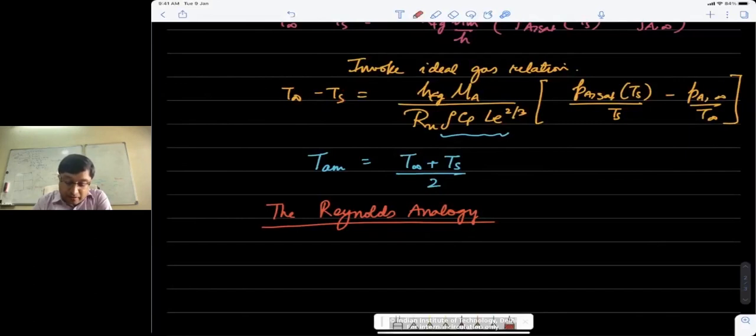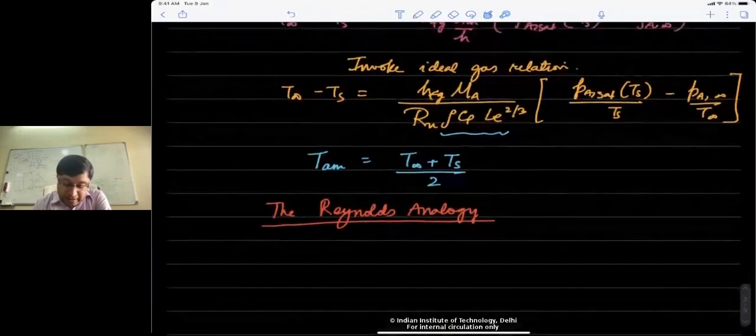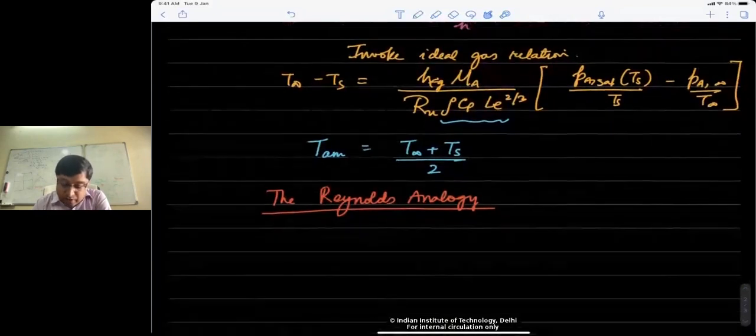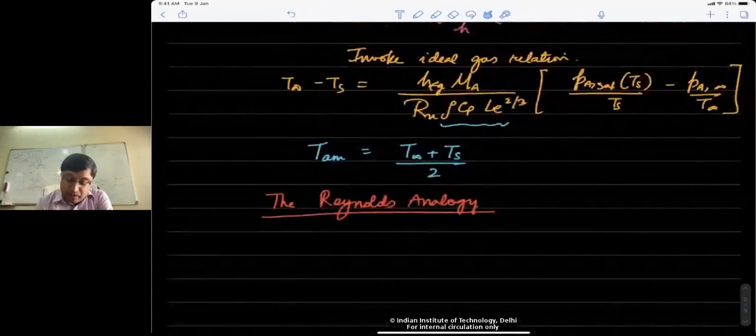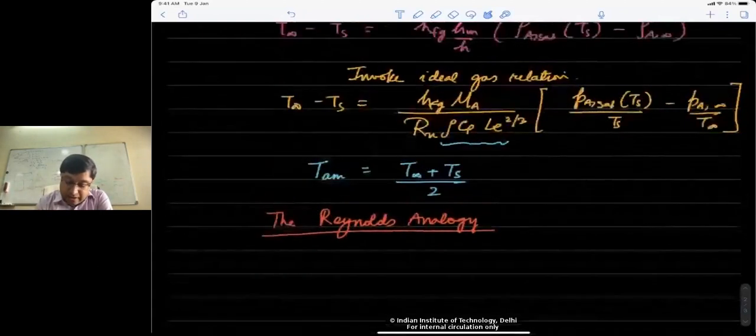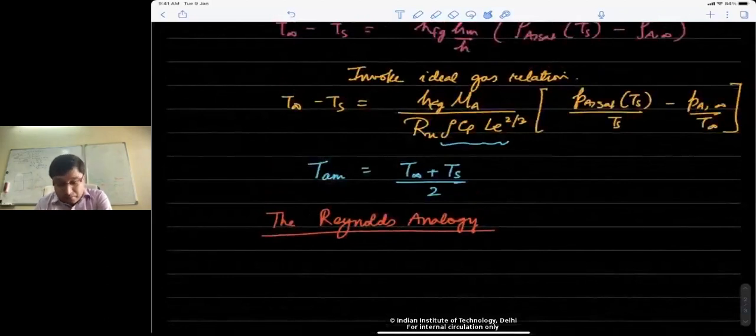Typically, what is done in this case is that you assume some value of Ts, calculate the arithmetic mean, and put in those values here. Using that guess value, calculate Ts from this equation, and see whether it is close to your guess. If it is not, then you use the new value of Ts, again calculate the arithmetic mean temperature, put it in here, and see whether it gets close.